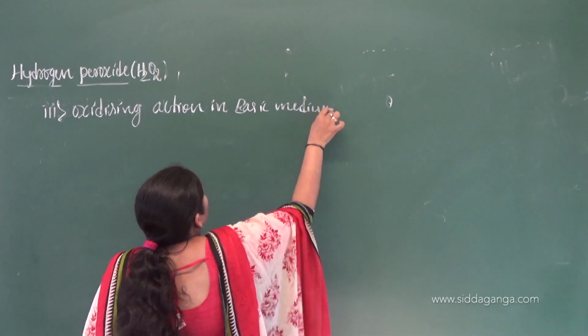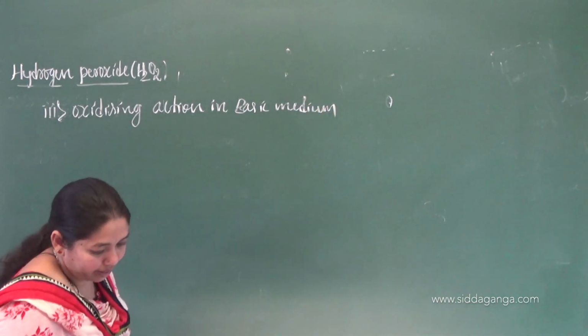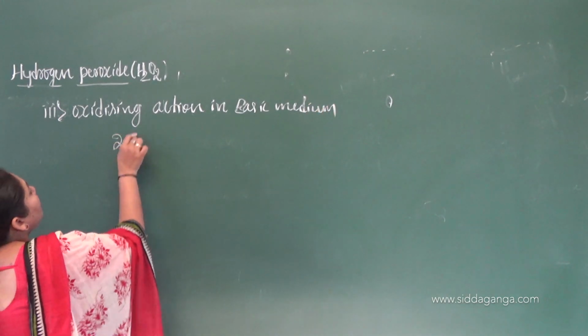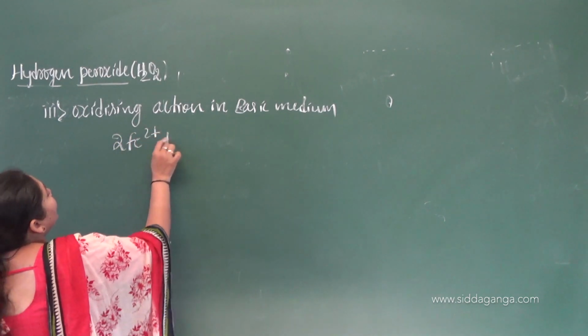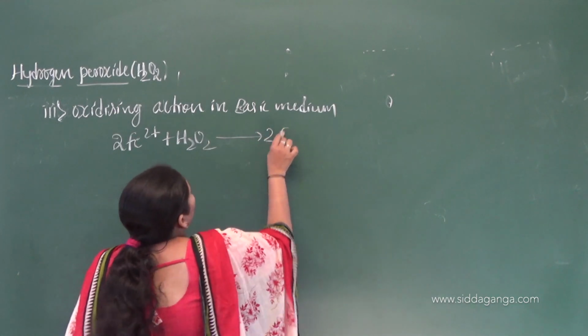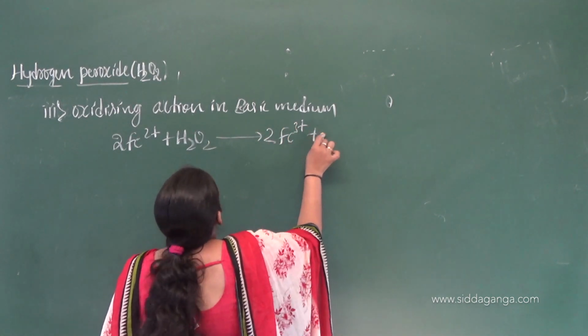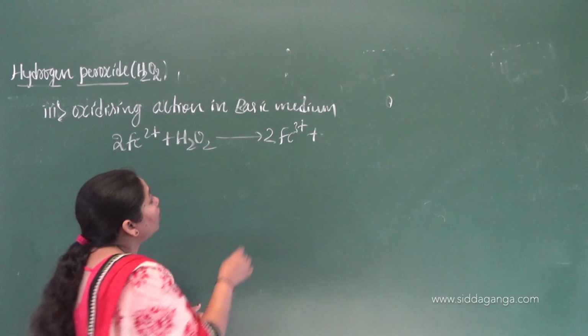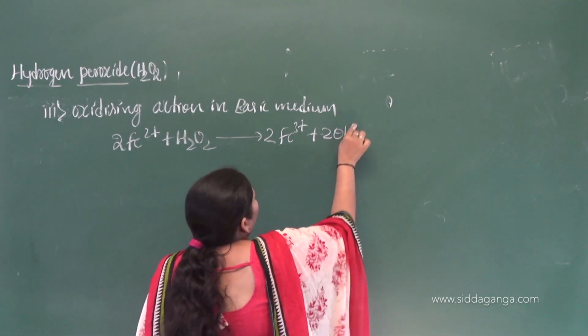Very good example, you can have the iron example: 2Fe2 plus plus H2O2 gives rise to 2Fe3 plus, and here what you are going to get? 2OH minus, or you can write water also.